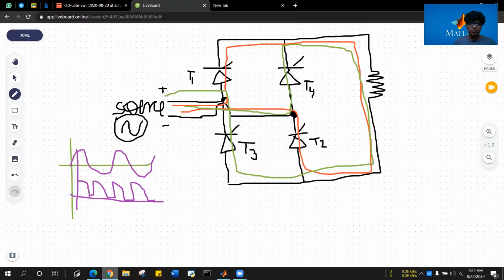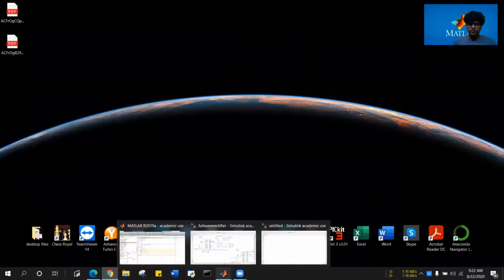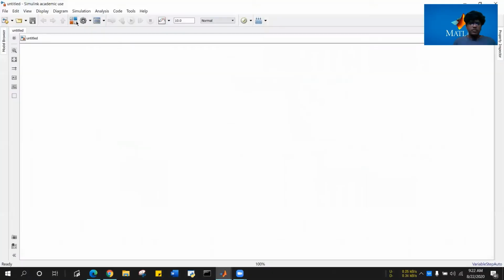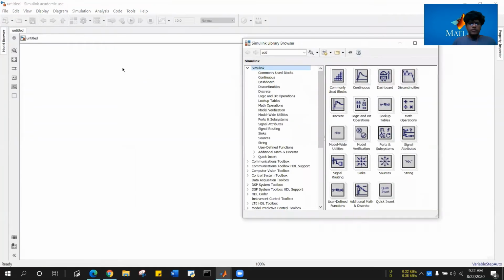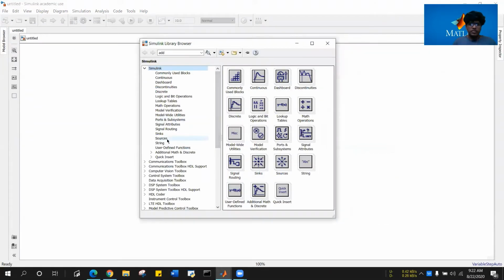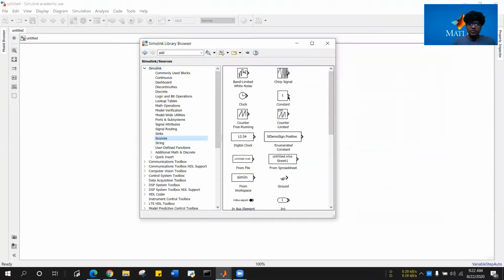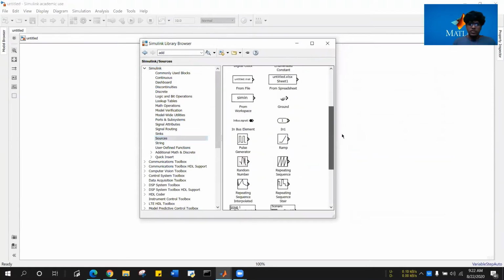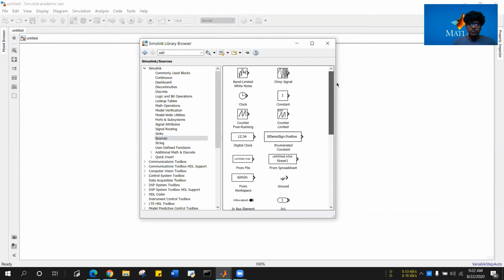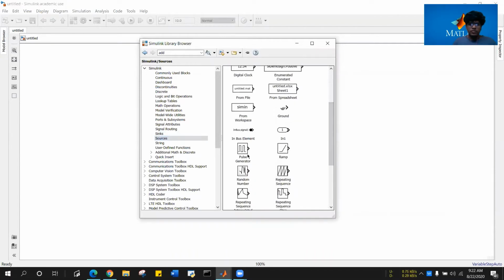So now let's go to the simulation. First we'll get the apparatus here. What we're going to need is a generator.